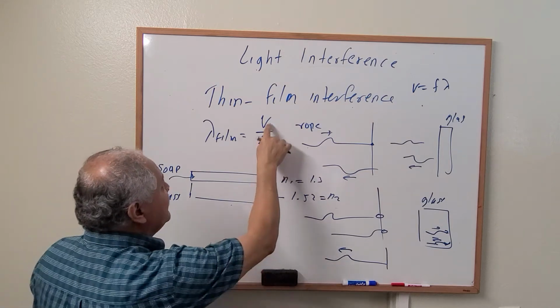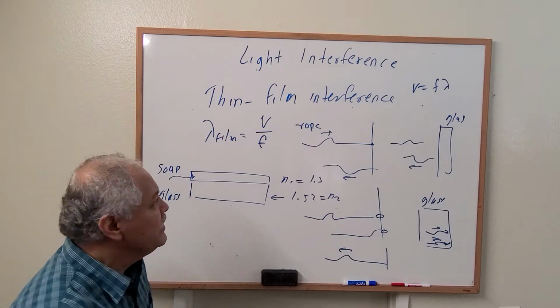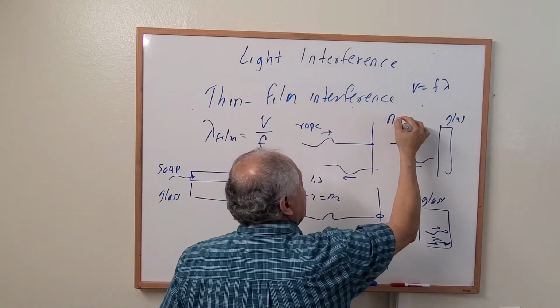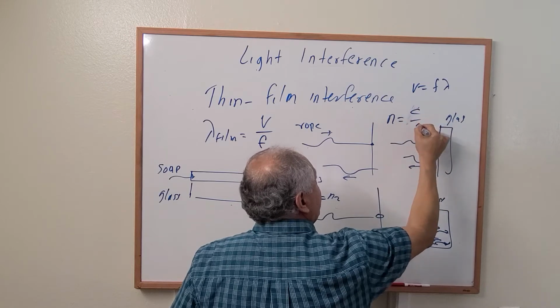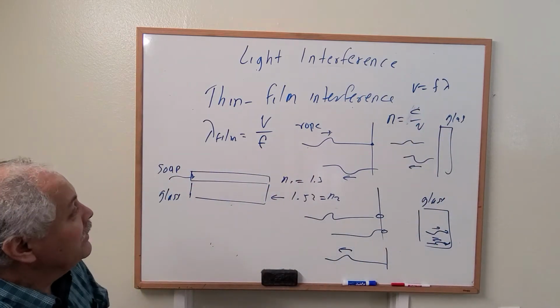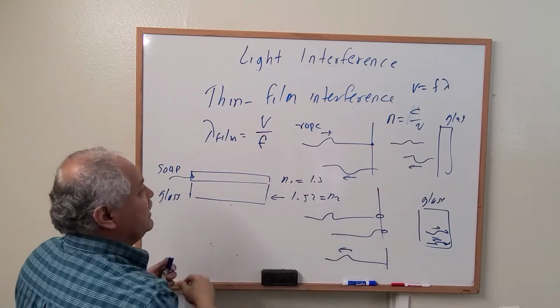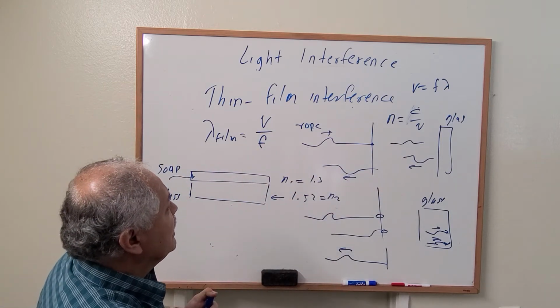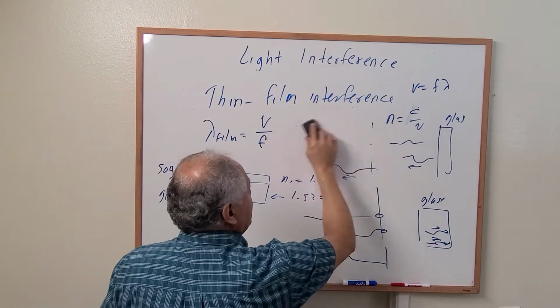Now what happens to V? Let's relate V to the index of refraction of the medium. Remember, N is equal to C over V. Now when we solve for V, let's plug it in.